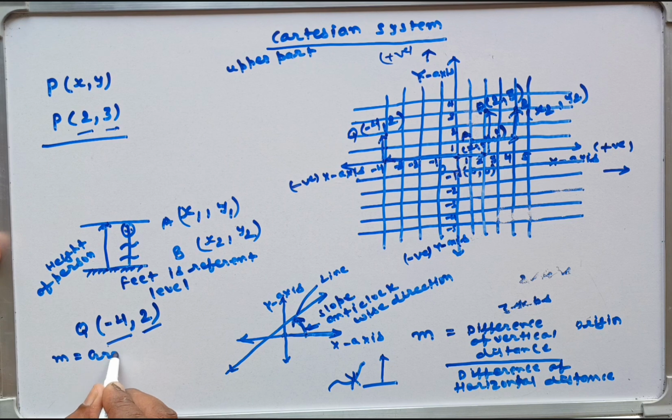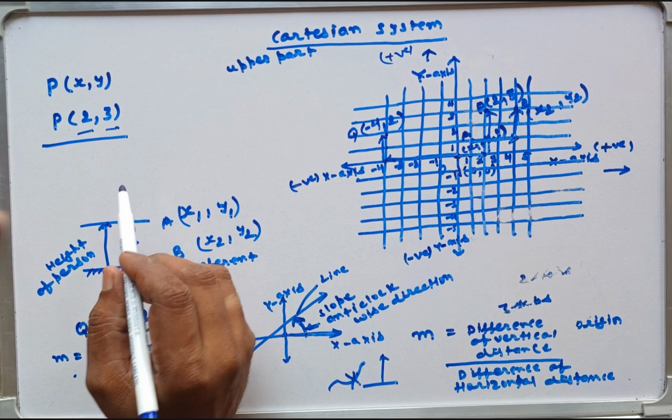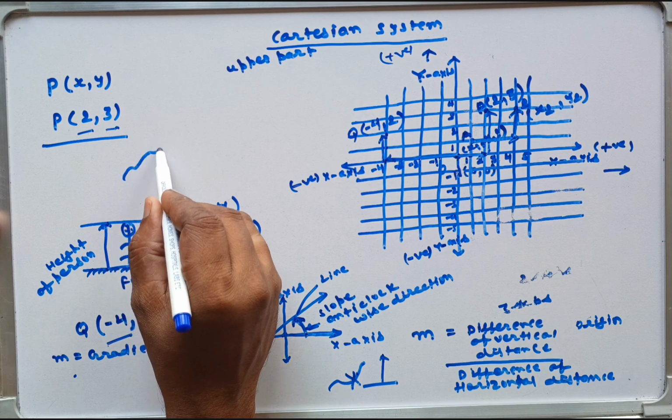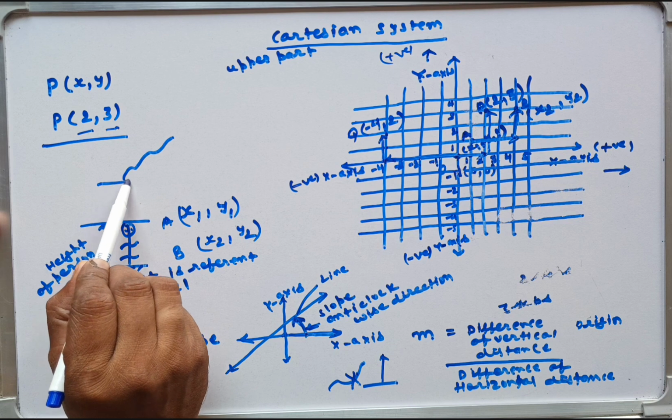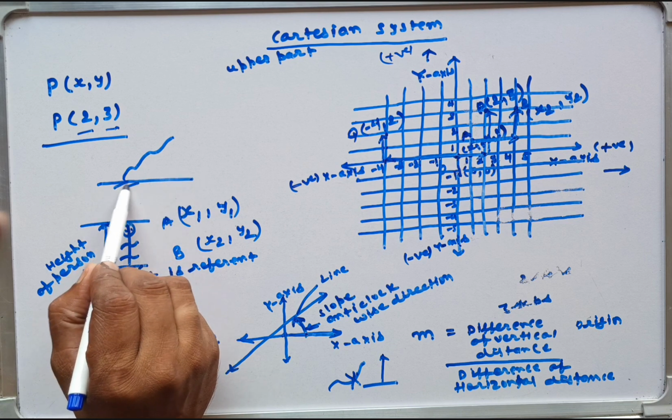gradient, or guys, in some books you see it is also known as slope. So slope gives you the steepness of a line with respect to the horizontal line. Suppose you are climbing on a hilly area, and this one is the ground level.